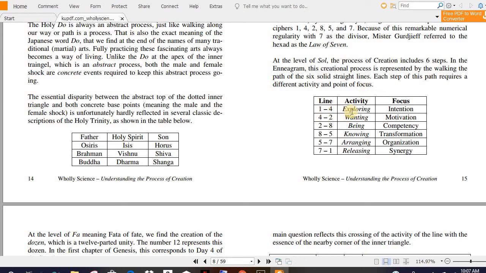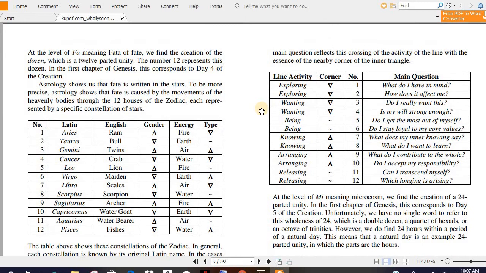So 1 through 4, exploring, focus, intention. 4, 2, wanting, motivation. 2, 8, being, competency. 8, 5, knowing, transformation. 5, 7, arranging, organization. 7, 1, releasing, synergy. So this is like alchemy, the transmutation process, I would say.